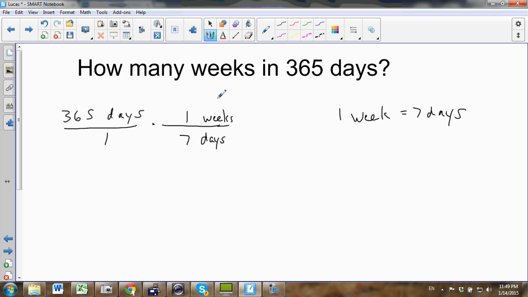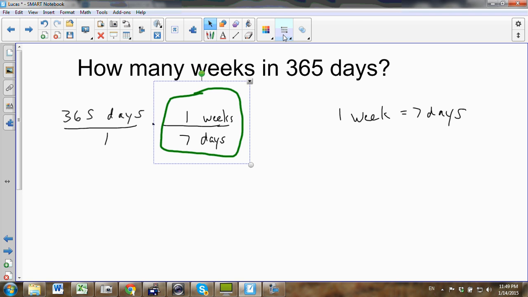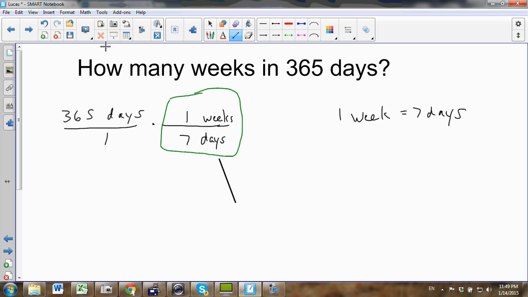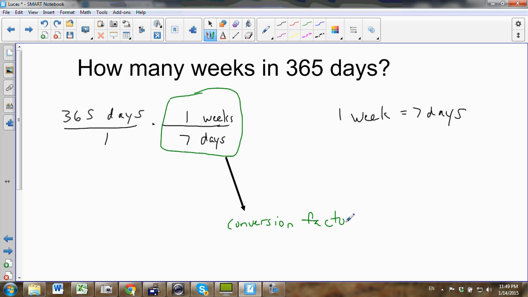So now I know that this conversion factor equals 1. Multiplying by 1 doesn't change a thing.